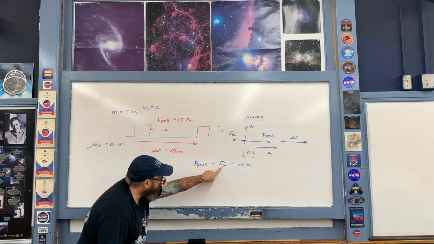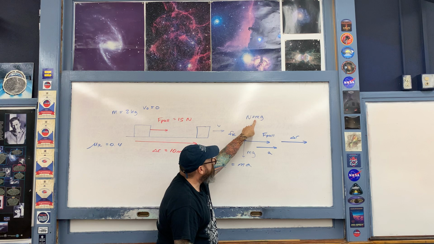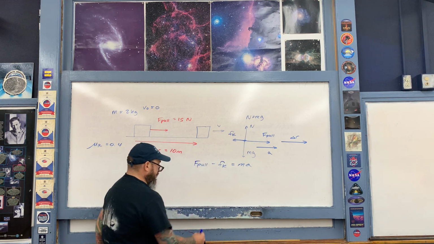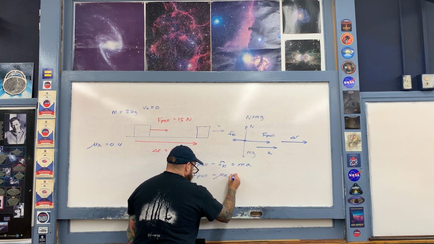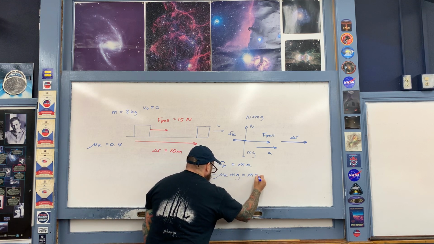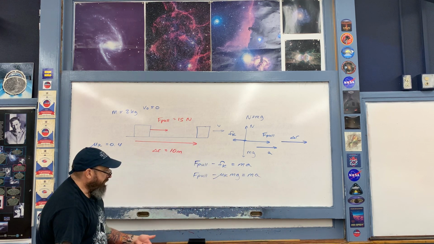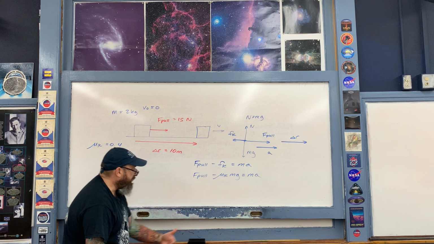The force of kinetic friction is the coefficient multiplied by the normal force, and as we previously have noted, the normal force is equal to the object's weight. So let's go ahead and write the force of kinetic friction like so. Now let's go ahead and divide by the mass m to the other side of the expression to find the acceleration.